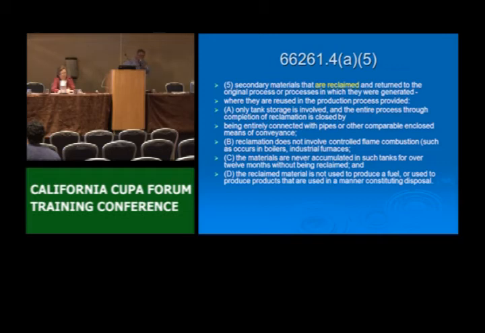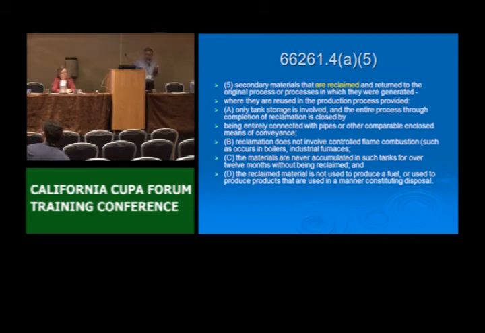That regulation states secondary materials, again, there's that phrase that's not defined, so something that's potentially a hazardous waste, that are reclaimed, so there's our recycling, the materials being reclaimed, and returned to the original process or processes in which they were generated. Once they get to that process, they have to be reused in the production process. Again, there's your recycling.